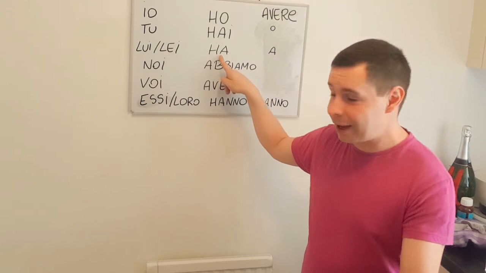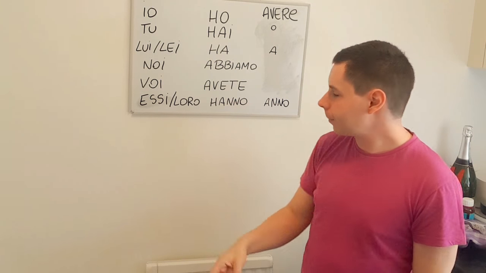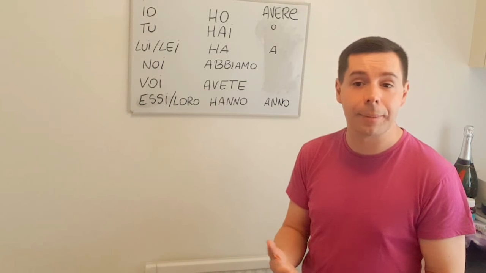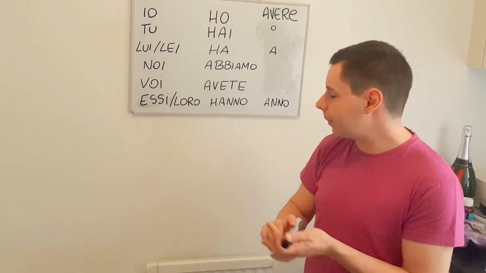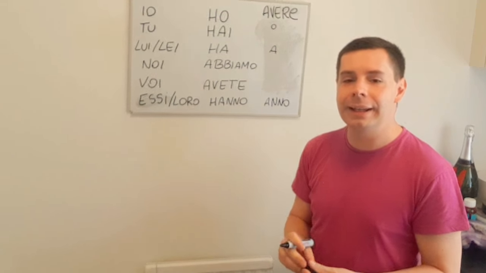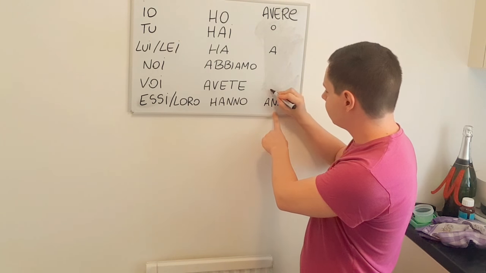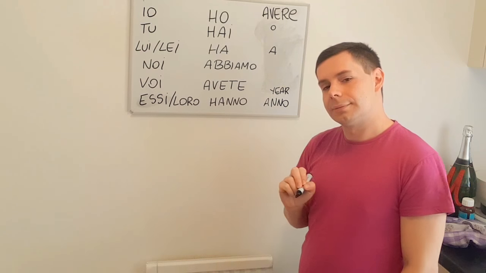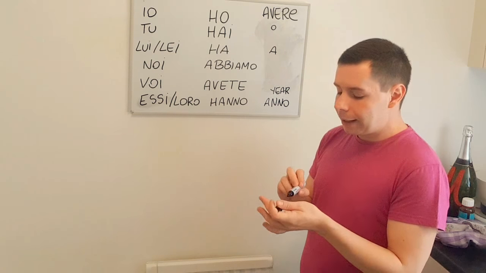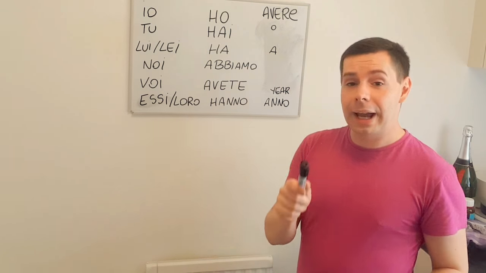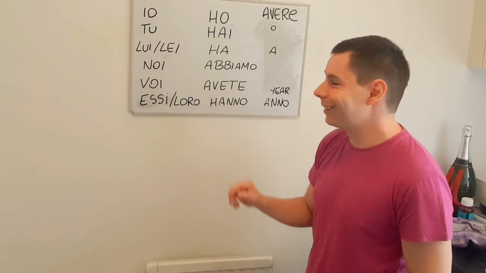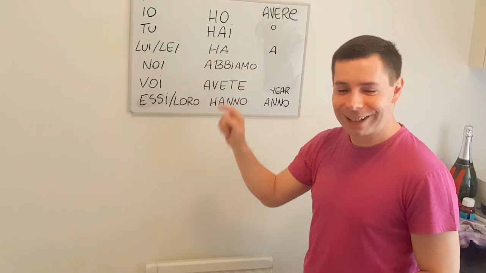This one is the verb to have, and this one is a preposition. This one is the verb to have, and this one, for example, in English is translated as ears. So you have to be really careful when you write, especially here, or here, or here.